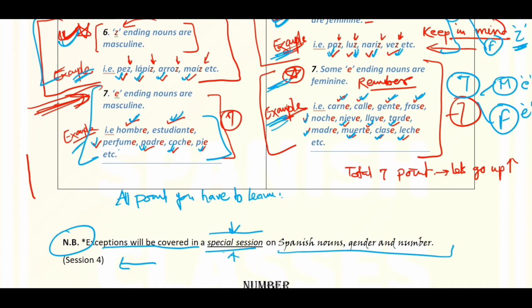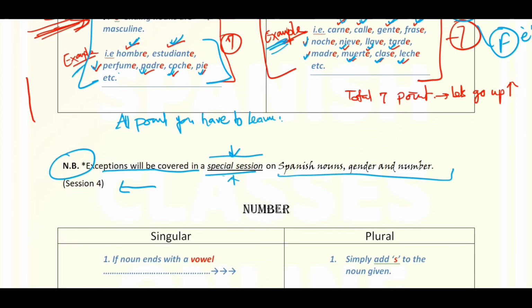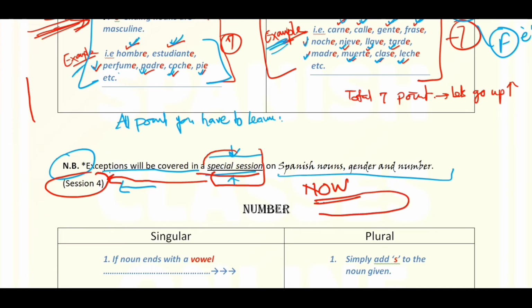That will come in session number 4, which will be uploaded here. You can check session number 4, where you will get all the exceptions. But before that we have some other things to tell you. That's why we have kept it in session 4. So a special session is dedicated to you, and that will be a complementary part of this session. Now we are moving to the second point of the factors.